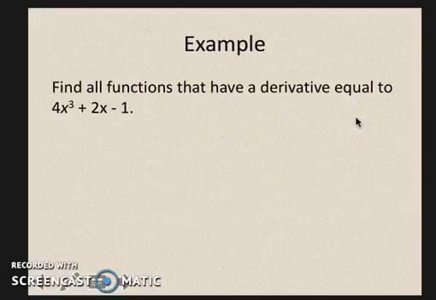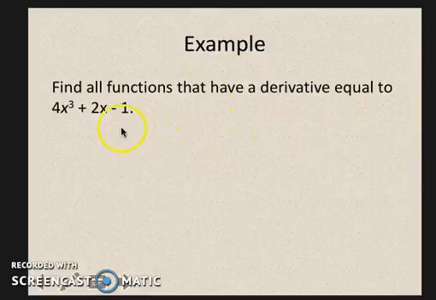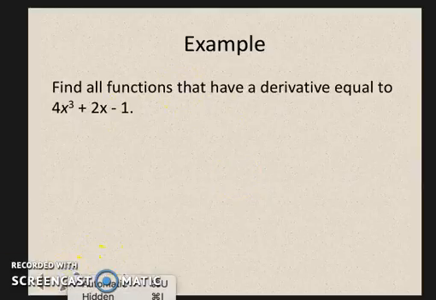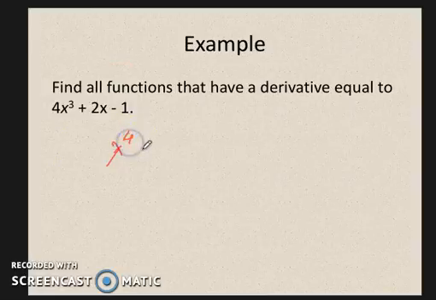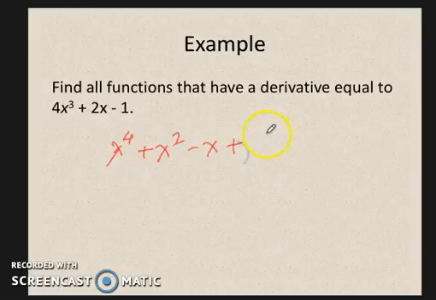Let's take an example. You have to find all functions that have a derivative equal to 4x cubed plus 2x minus 1. What could be those functions whose derivative is this? Let's see. This could be x to the 4 plus x squared minus x plus, let's say, 3.